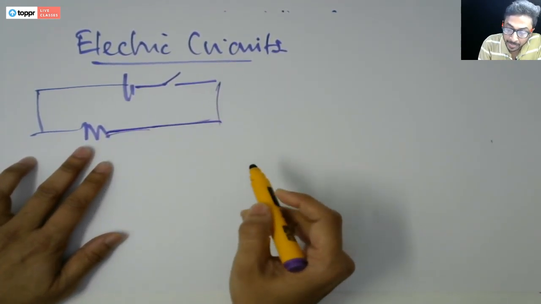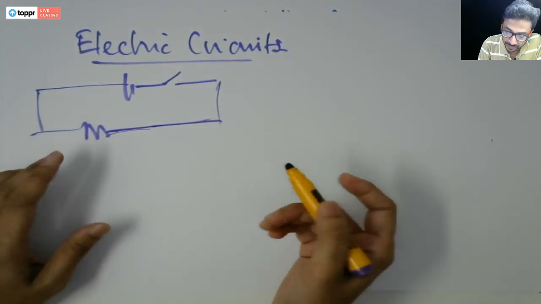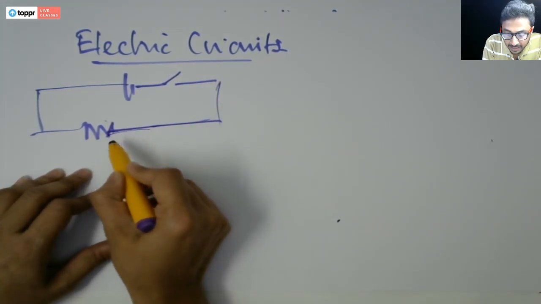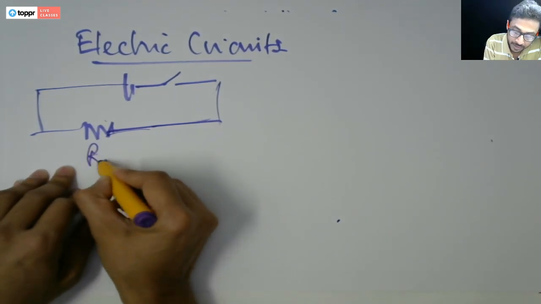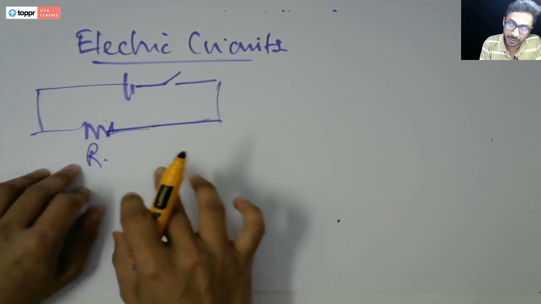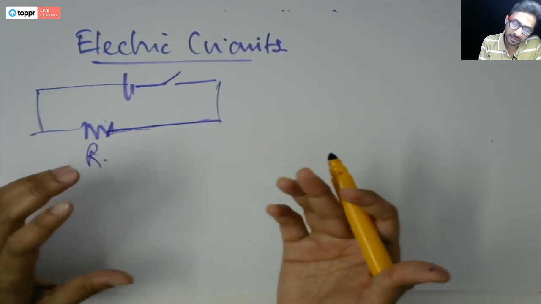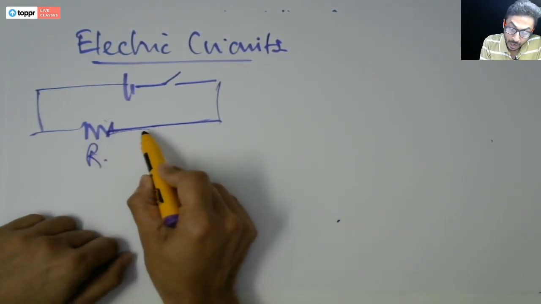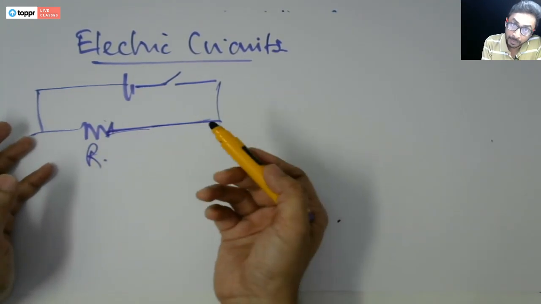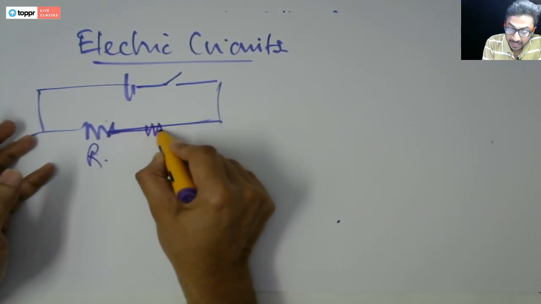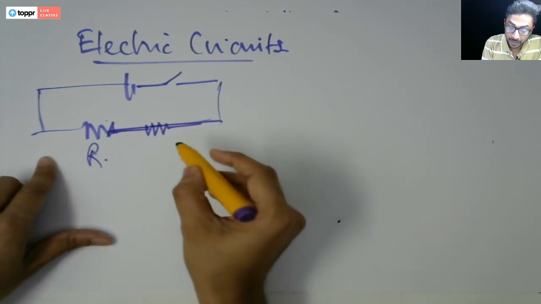From your previous classes, you definitely know that this symbol is used for a specific resistance we include in the circuit to limit the current and for some other purposes. So if we have many resistances, we can combine them in two different ways.